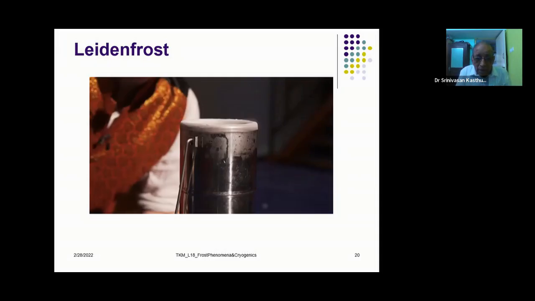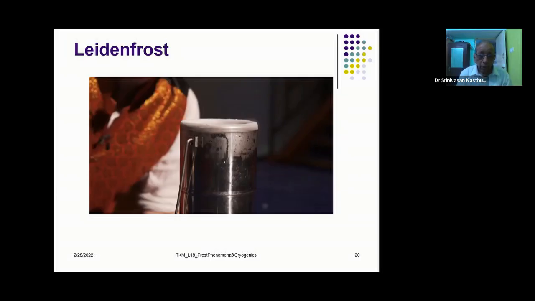So a drop is formed, but the drop is able to stay on the surface of the hot plate because of the presence of the water vapor surrounding it. So this is the phenomenon called Leidenfrost. Professor Leidenfrost actually studied it, and that's why it is known as the Leidenfrost phenomenon.